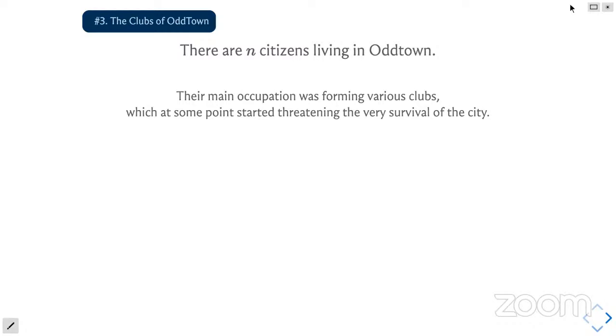And let's assume that we are thinking of collections that are not multisets, which is to say that the same set of people can refer to themselves as two different clubs, although that's possible and even plausible in the real world. Maybe the exact same set of people share more than one interest. But as far as our discussions go, we are really going to think of clubs as distinct subsets.